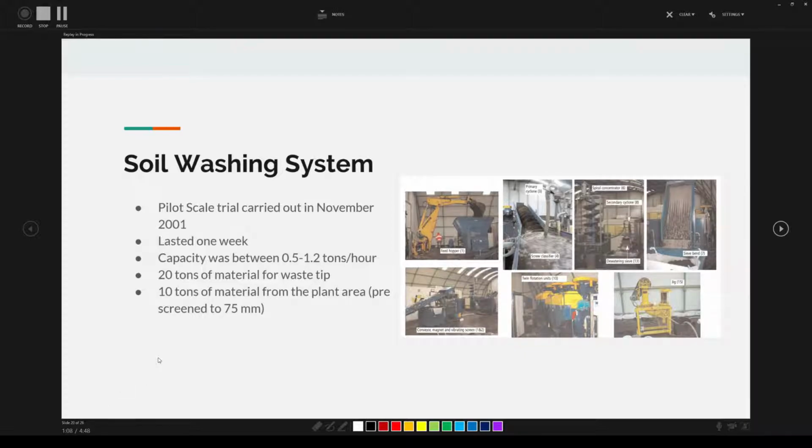As you can see from the figure to the right, there are photographs of a selection of modules in the soil washing process. The first one is the feed hopper with built-in grizzly screen, and this removes coarse debris greater than 80 millimeters. The next one is the conveyor magnet and vibrating screen.